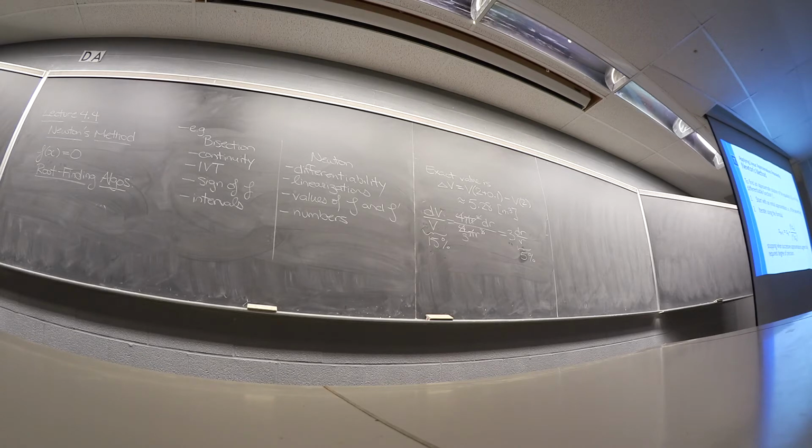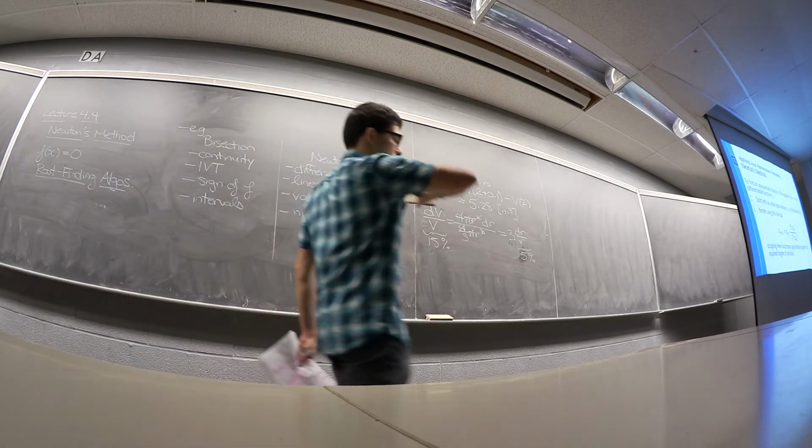So instead of refining an interval, we refine a number, an approximation. Now that we know about the derivative, we can come up with a more sophisticated, more impressive, faster algorithm, at the expense that sometimes it can behave badly and fail, where the bisection could not. Very good. Let's talk about this for 6 minutes.